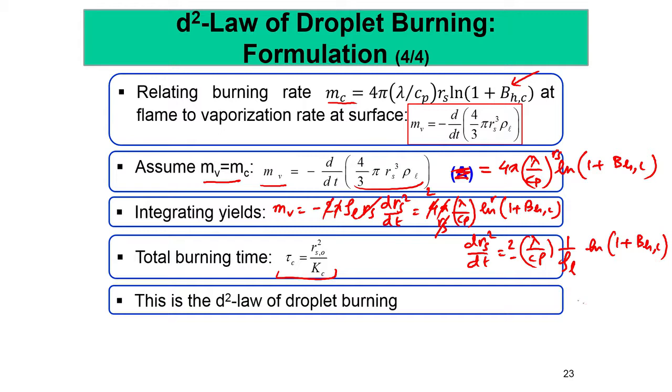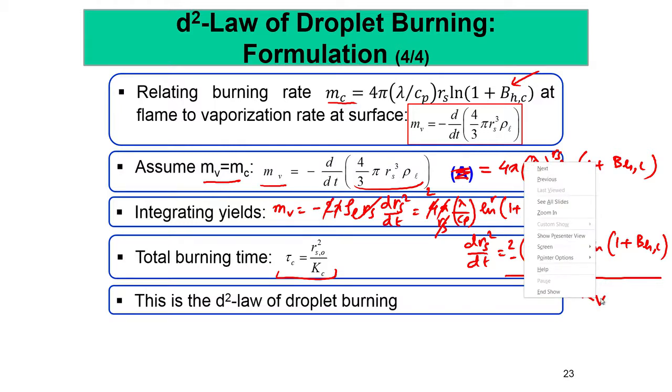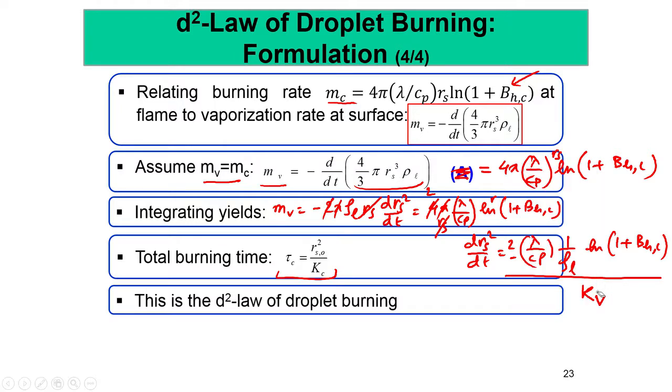Now this is essentially a constant, and we can write this once again as the vaporization constant, which is exactly the same as the droplet vaporization constant, but of course you note that this droplet heat transfer number is due to combustion, whereas the previous one was due to vaporization.